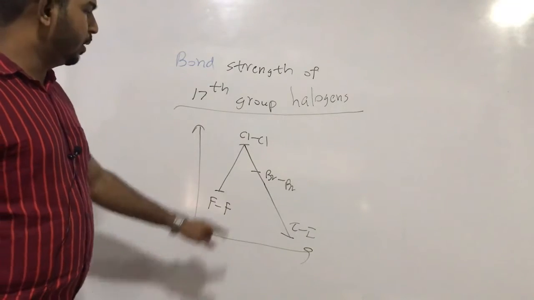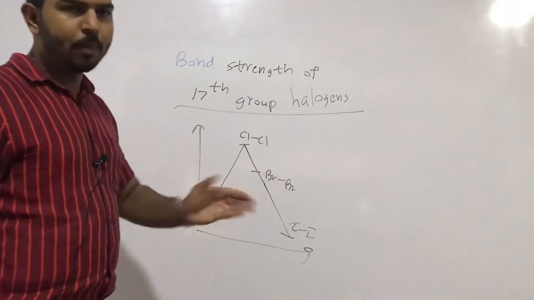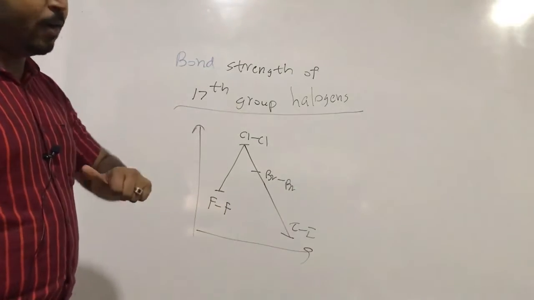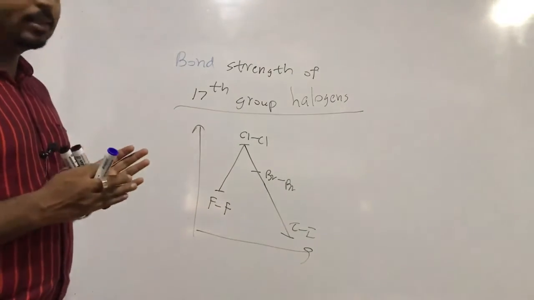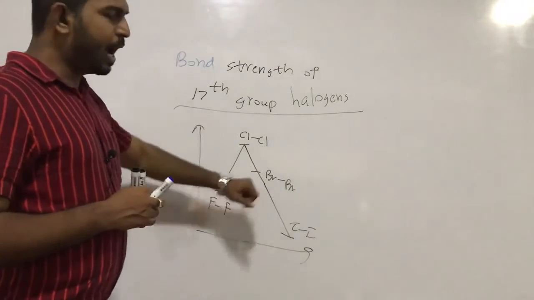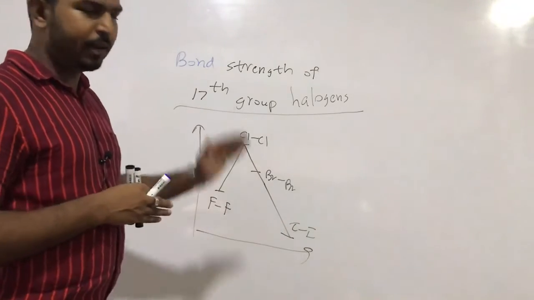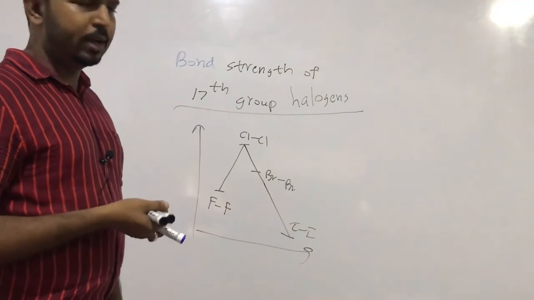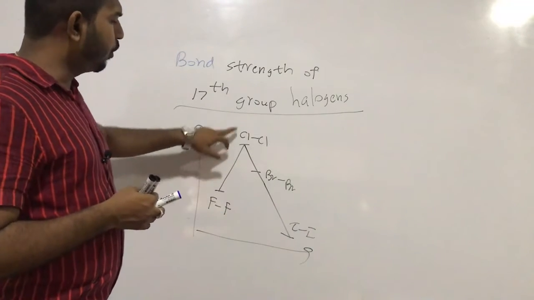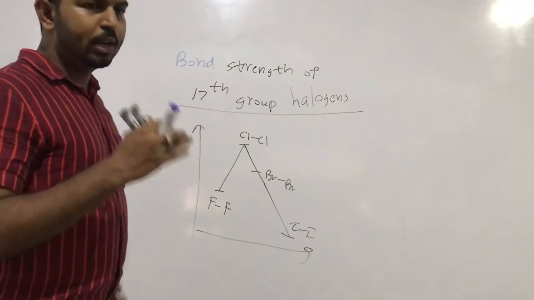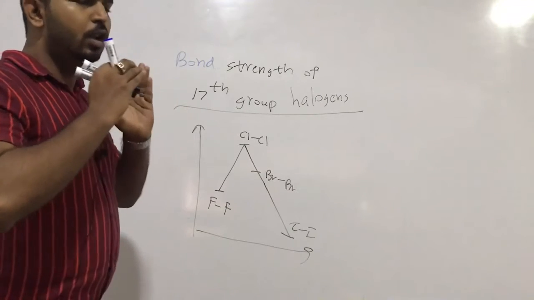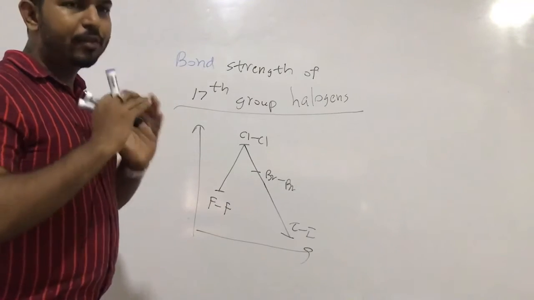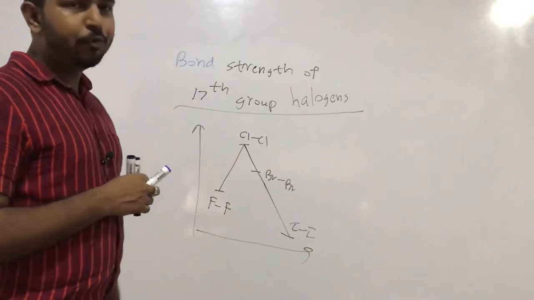Now consider bromine and iodine. They have a larger radius than chlorine. Therefore, their bond strength decreases downwards. But if we consider fluorine and chlorine, chlorine has more attraction forces than fluorine.